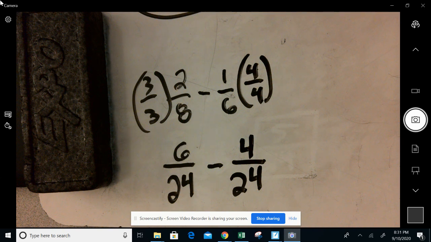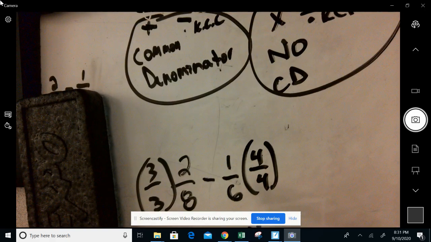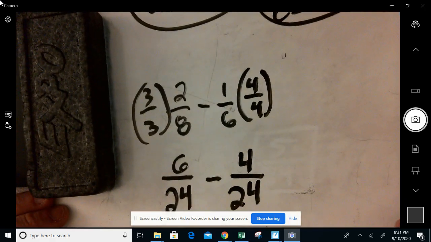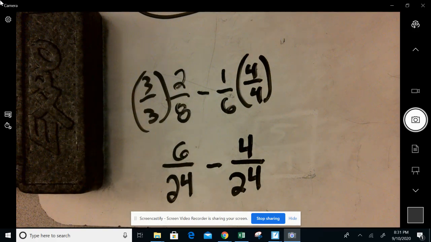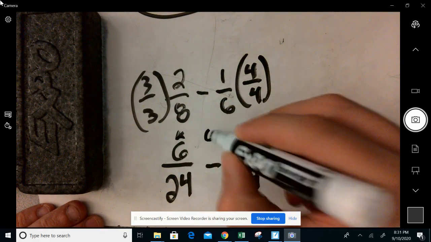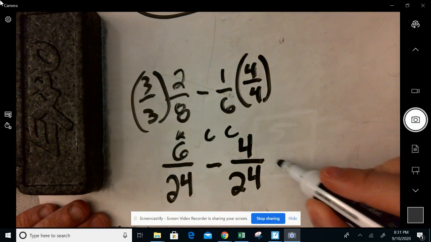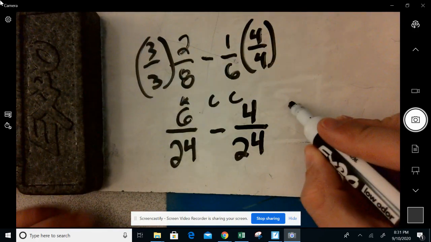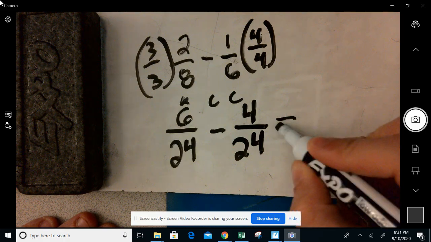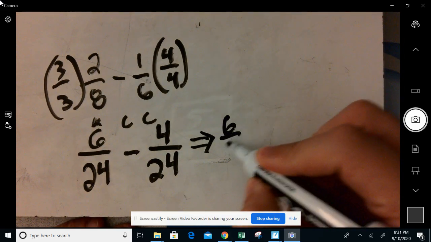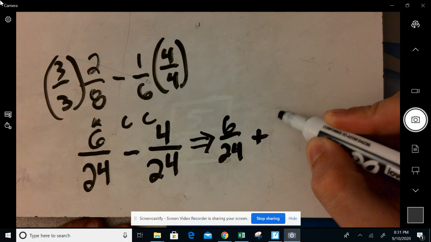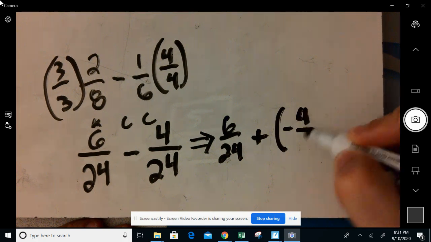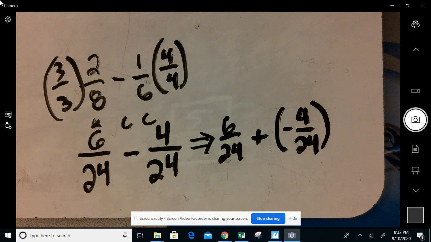Now, keep, change is something you can do with subtraction. Just like with division, we made it into multiplication, here you can make subtraction into addition. So 6 over 24 stays, we change the minus to a plus, and then we change the sign of the other number.